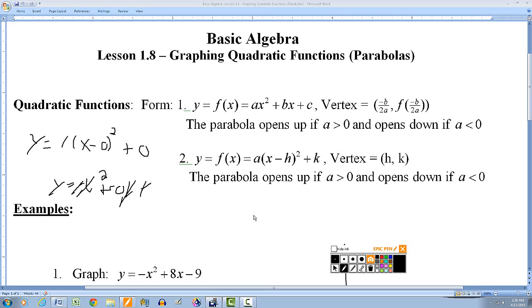So y equals x squared can be written as 1 times (x minus 0) quantity squared plus 0, or 1x squared plus 0x plus 0. In the second one, the a is 1, the b is 0, the c is 0, and of course you can find the vertex by plugging into this one. But if I write it in this form, then the h is 0 and the k is 0, so the vertex again is (0, 0), and it opens up because the a is positive. Okay, just wanted to make that point.